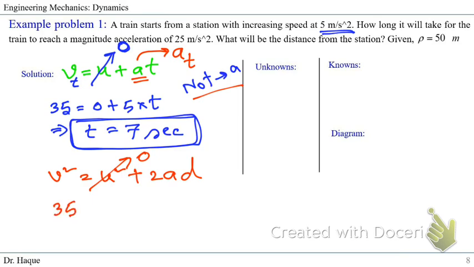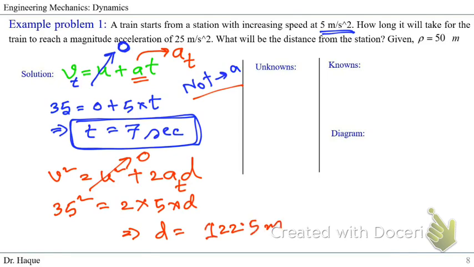So 35 whole square equals twice into, again, AT, not the magnitude, so it'll be 5 into d. So if we solve for distance, we get d equals 122.5 meters. So that's our answer.